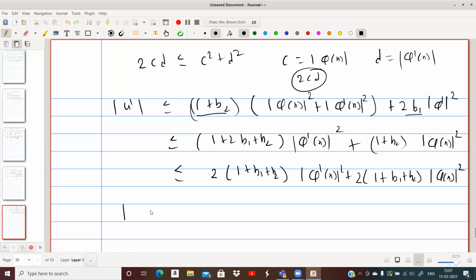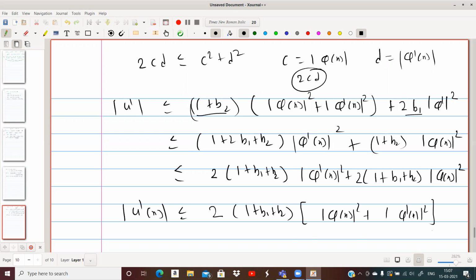So at last u dash of x is less than or equal to 2 times 1 plus b1 plus b2, taking this common, magnitude of phi of x square plus magnitude of phi dash x square. So this is going to be your norm of phi of x square. So u dash x magnitude is less than or equal to 2 times, this we have called k, and this is norm of phi square, that is u.